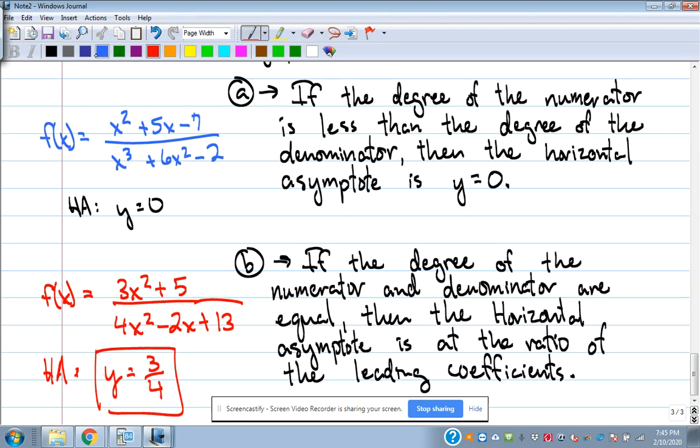That's the horizontal asymptote. So scenario A, degree on top is smaller than degree on bottom, then it's at y equals 0. Degree on top and bottom are the same, it's at the ratio of the leading coefficients. In this case, 3 over 4. Okay.